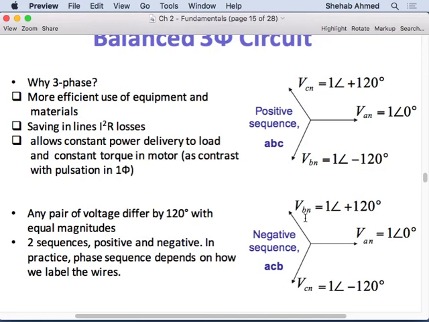So even though we measure here VA first, then VB, and then VC, anytime your voltages or currents are not pure sine waves, and they're not equal to each other exactly, then in addition to the majority of positive sequence that you have in the system, you also have some negative sequence in there.